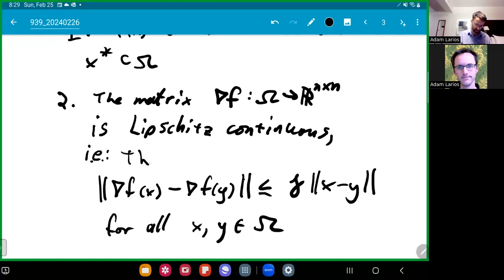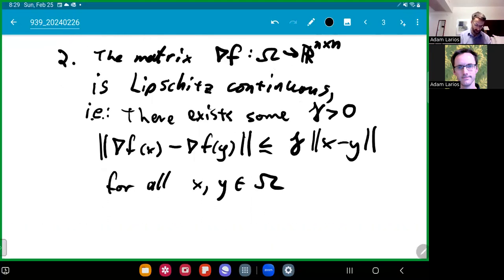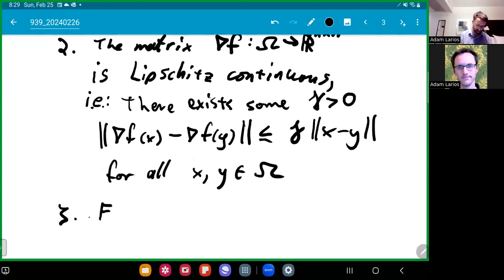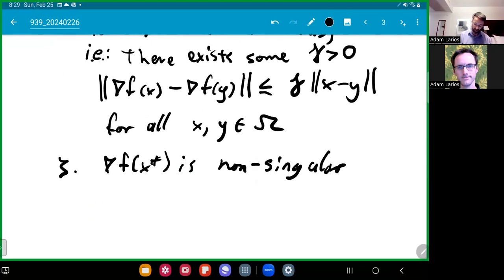So I should say there exists some real number gamma. We normally want something bigger than 0, otherwise gradient of f is just constant. And then our last assumption is that the gradient of f at x star is non-singular, i.e., gradient of f at x star inverse exists.